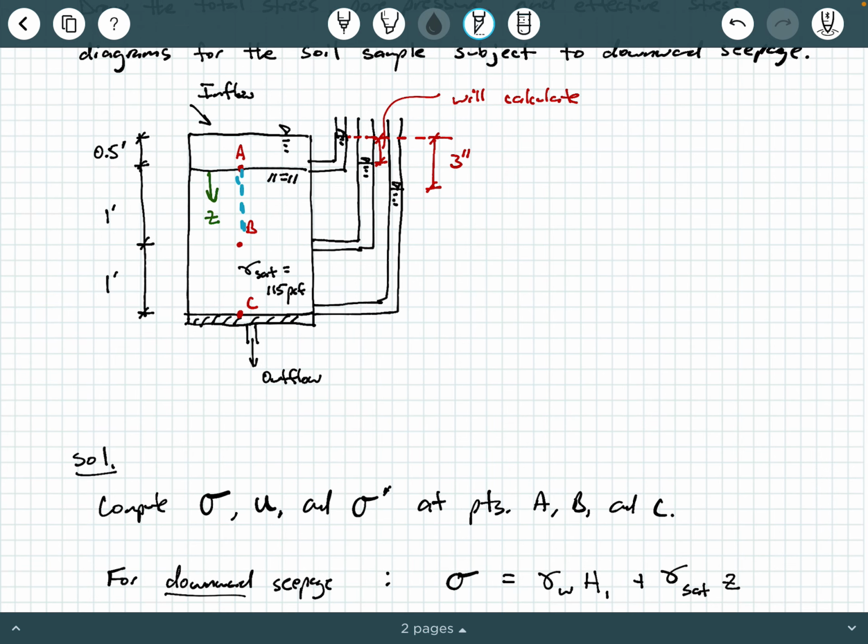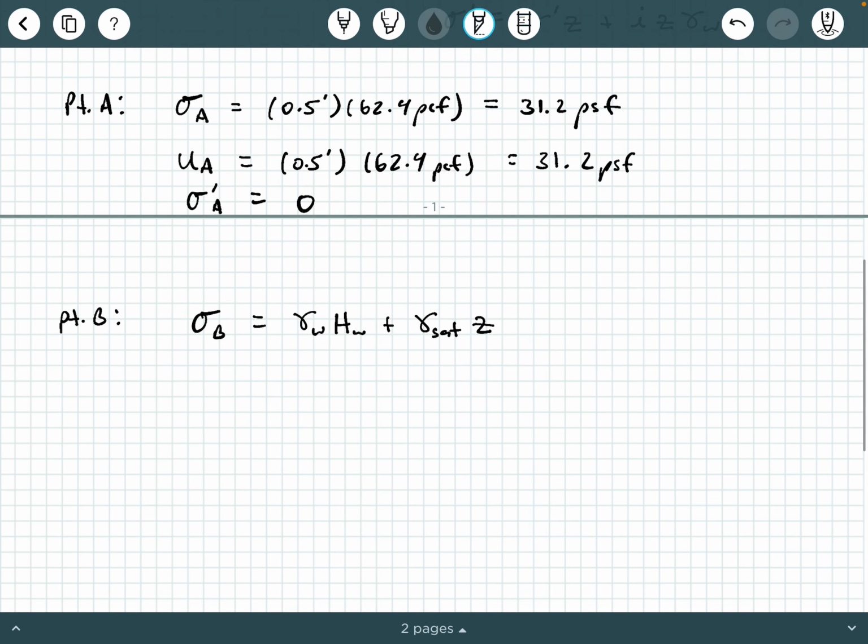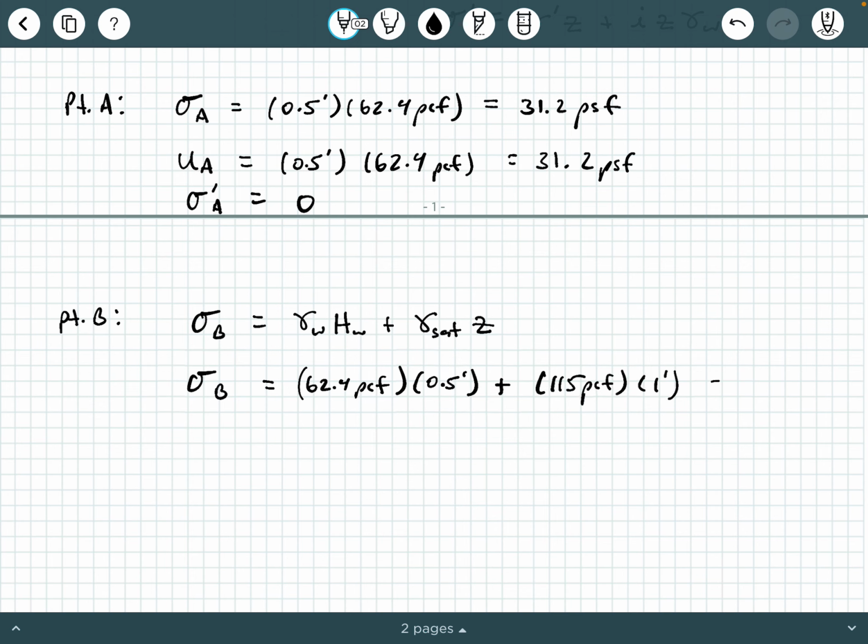Well, it's located 1 foot below the top of the specimen. All right. So we can say sigma B is 62.4 PCF times half a foot plus 115 PCF times 1 foot. And when we punch this through, we get 146.2 PSF.